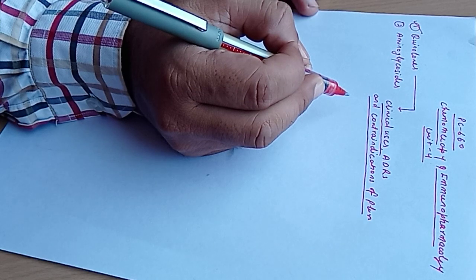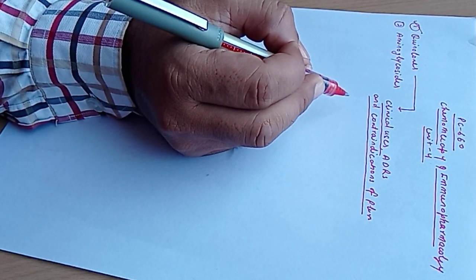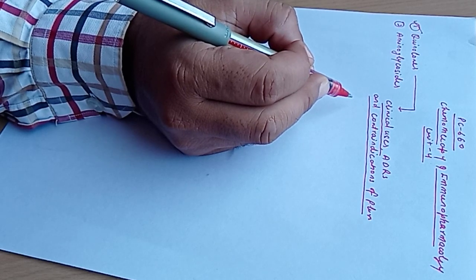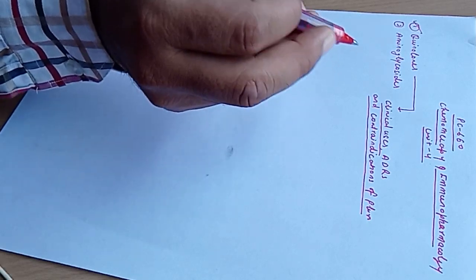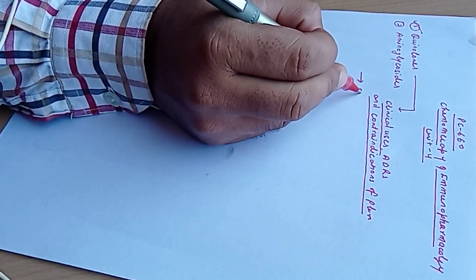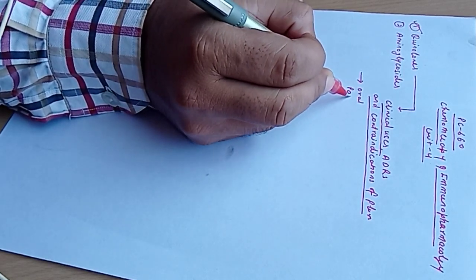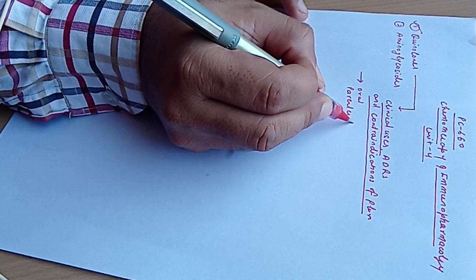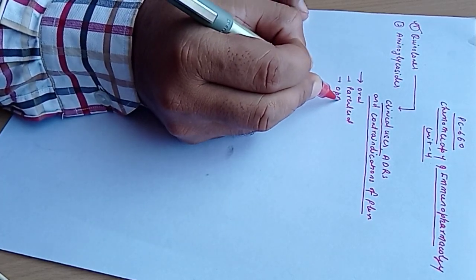Broad spectrum means they are effective against both gram positive as well as gram negative bacteria, and against aerobes as well as anaerobic bacteria also. These agents are available in the market as oral formulations, parenteral formulations, and ophthalmic formulations.